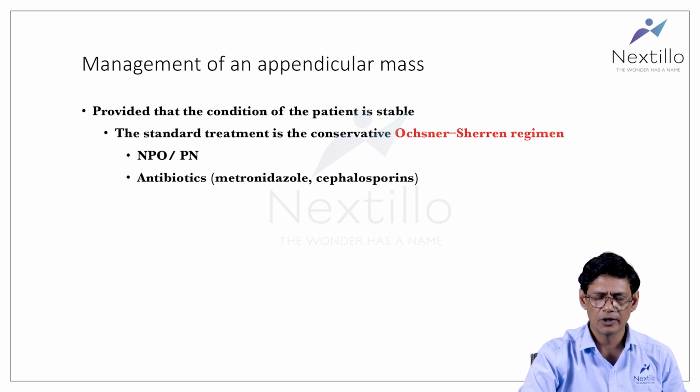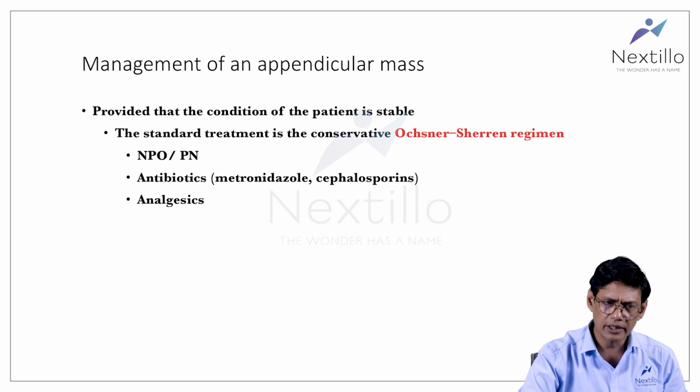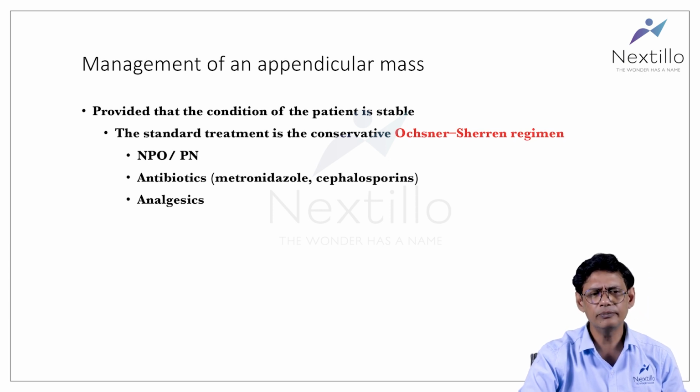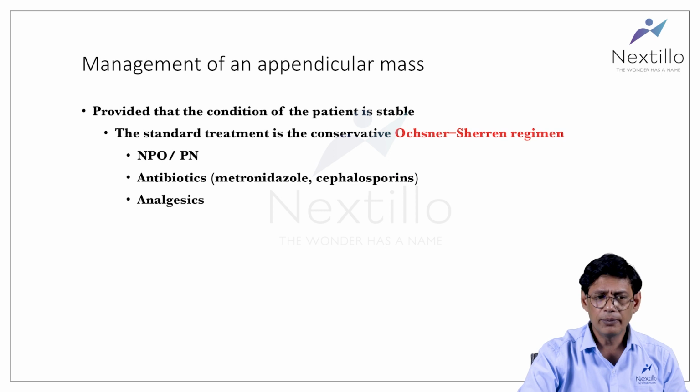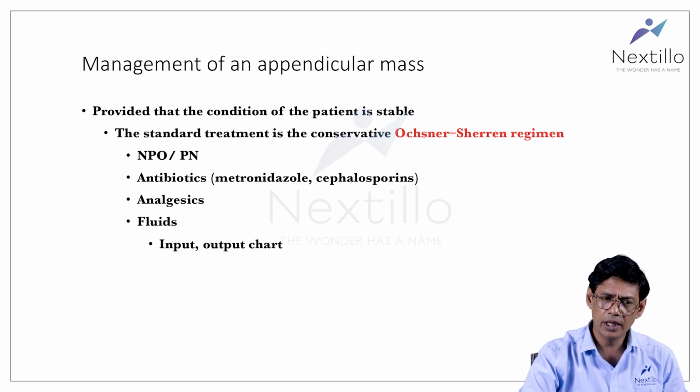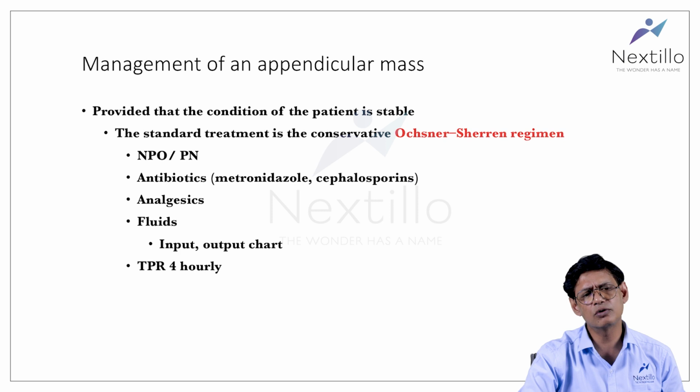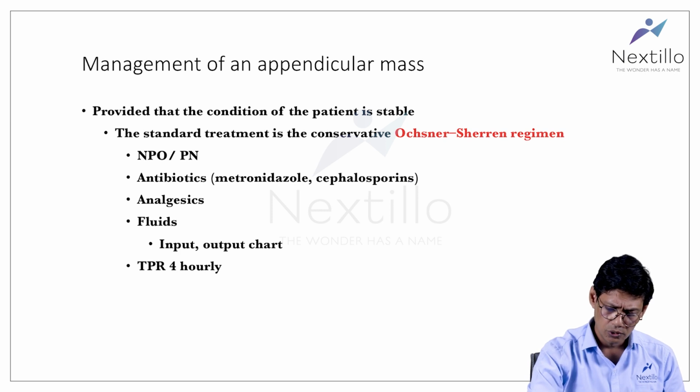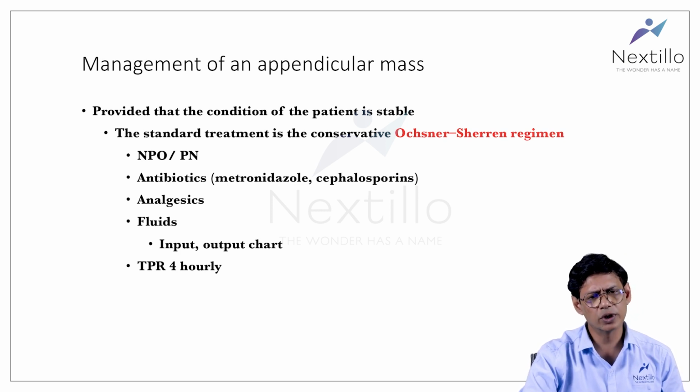For pain relief, analgesia should be given. A proper fluid charting should be done. Input and output chart should be maintained properly. Temperature, pulse, and respiration recording should be done 4-hourly, and daily mass recording. This total thing together is known as the Ochsner-Cherren regime.